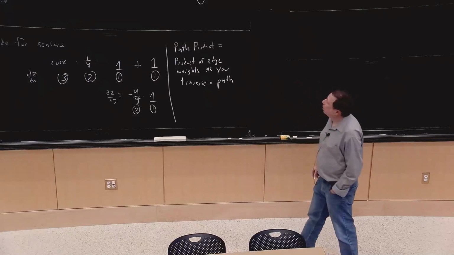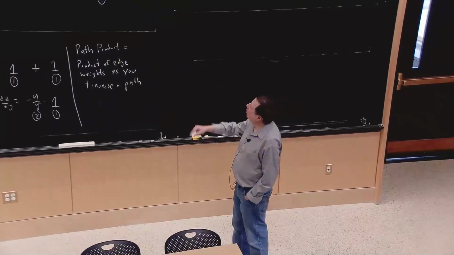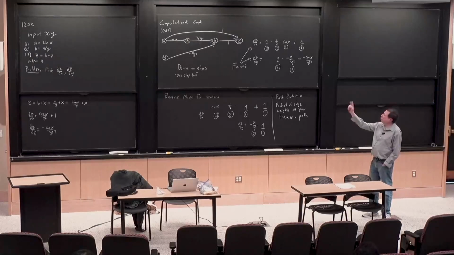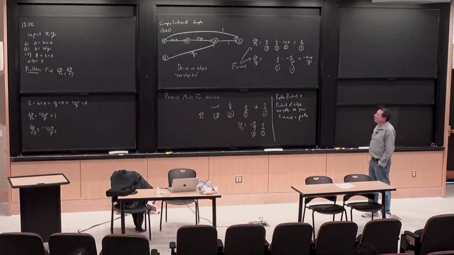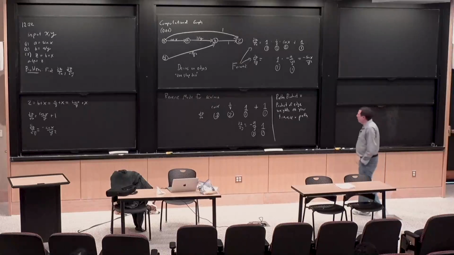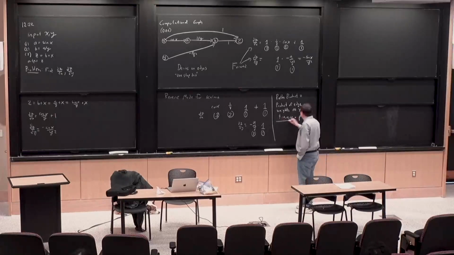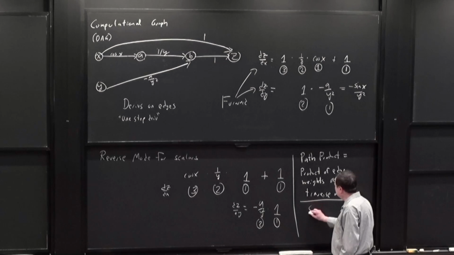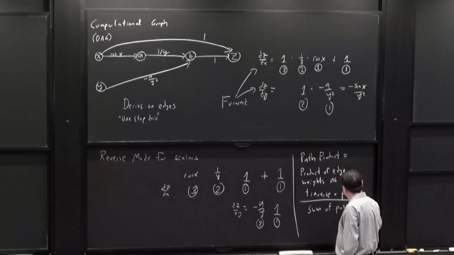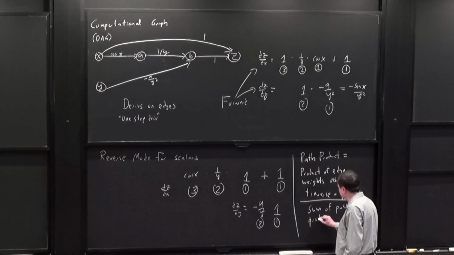So cosine x over y is one path product with that length 3 path. And 1 is just that one length 1 path. Those are the two path products. And what we're interested in is, one way or another, calculating the sum of path products from inputs to outputs.